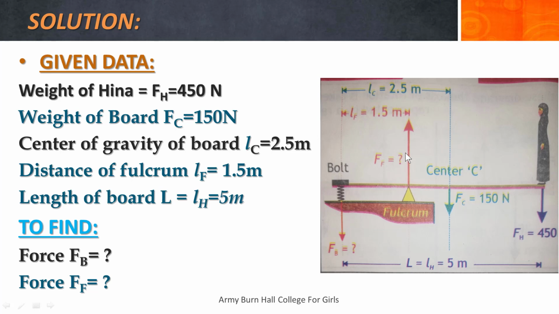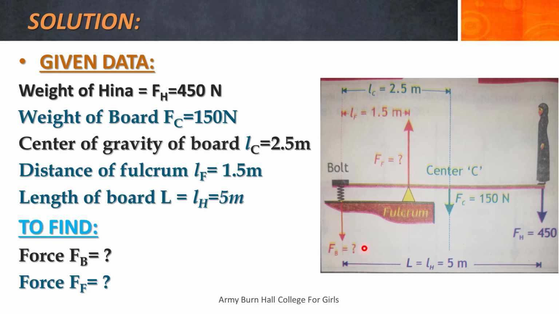So obviously, if this is a question of equilibrium, we have to apply the conditions of equilibrium. If we apply the first condition first, we have to take the sum of all the forces in the upward and downward directions. But here we will have two unknowns, and we cannot solve it.